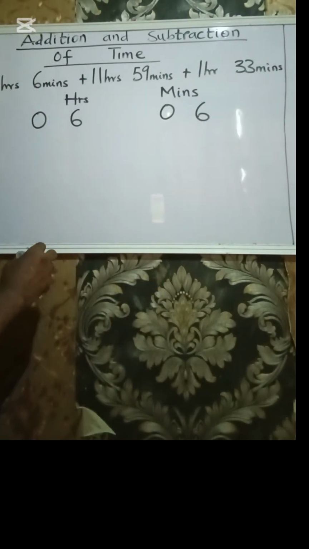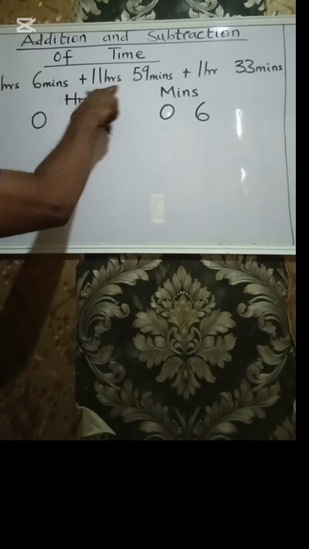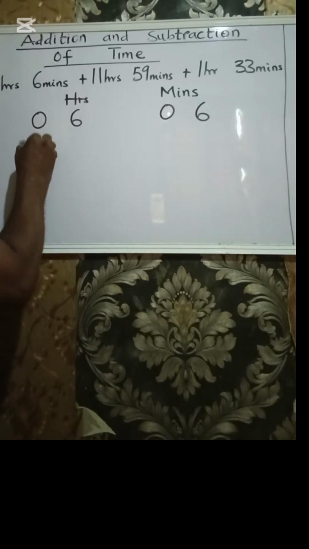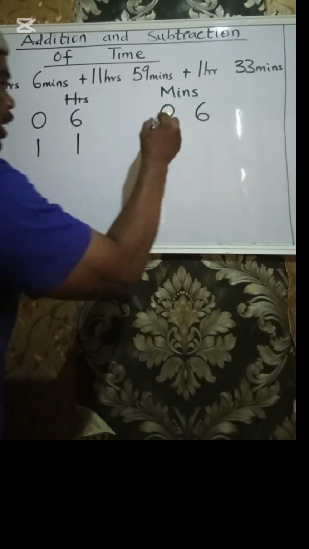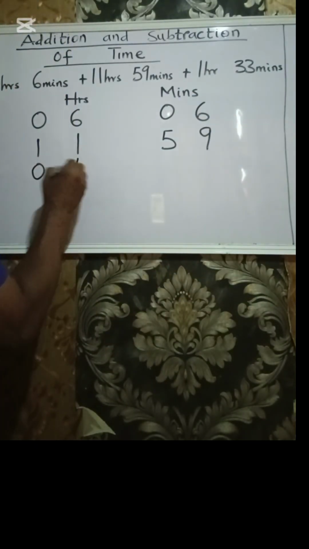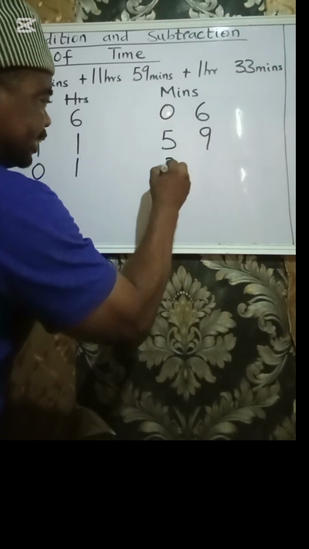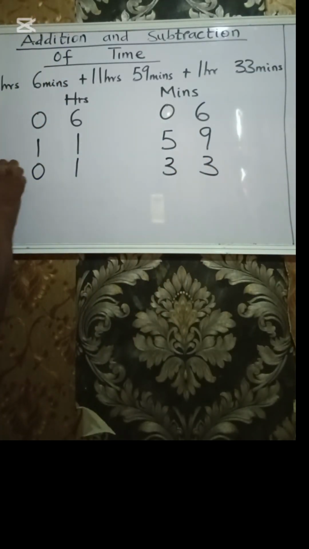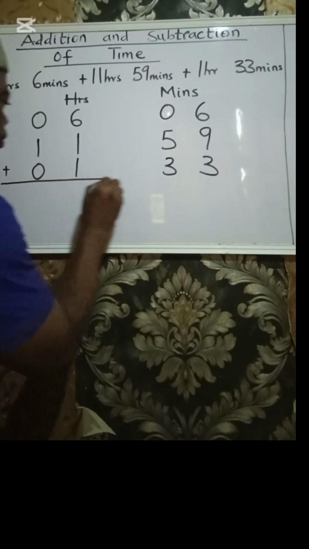So let us go to the next one. 11, this 0 I already prepared no space for. So I'm having 11 hours, 59 minutes. Then here I have just 1 hour, that is 0, 1 hour, and this 33 minutes. So let us add it together now.